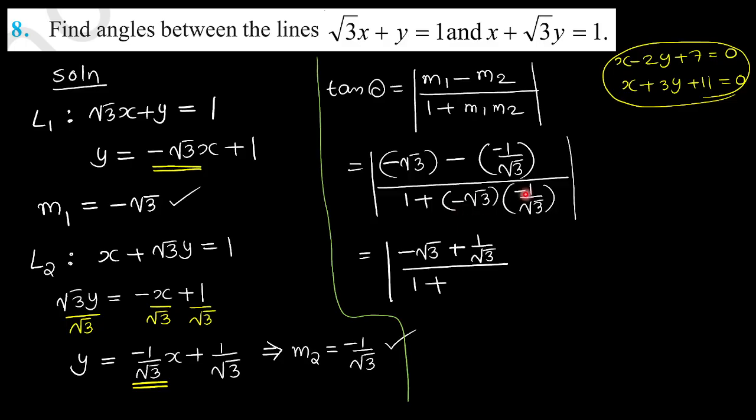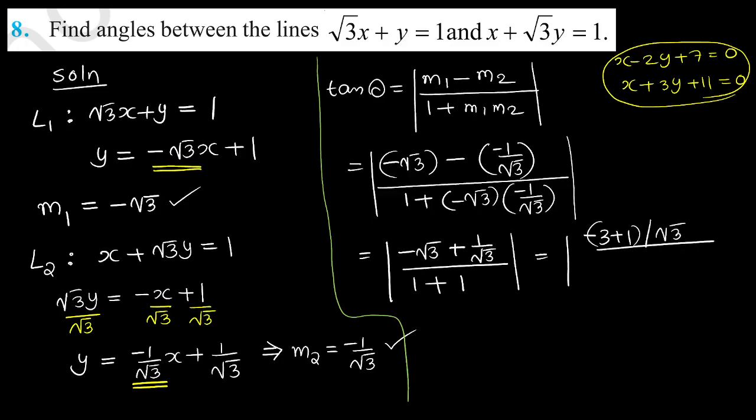Minus minus becomes plus, root 3 by root 3 is 1. In the numerator you can do the cross multiplication. Minus root 3 into root 3 is minus 3, then minus 3 plus 1 divided by root 3.